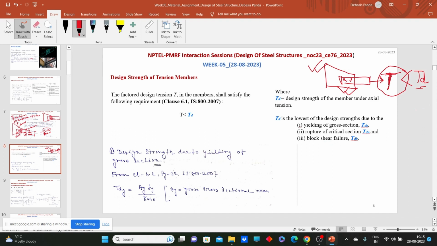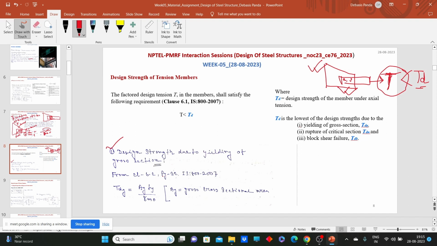So first we learned how this kind of tension member can fail. Now, out of these failure criteria, we will learn how to find the design strength. First, failure due to yielding, so we need to calculate the design strength due to yielding of the gross cross section. We have already visited this clause and formula many times.